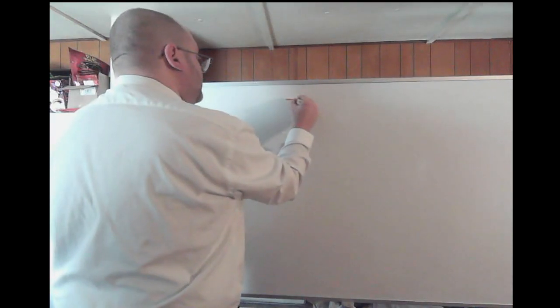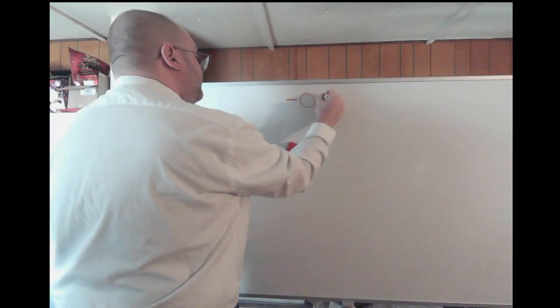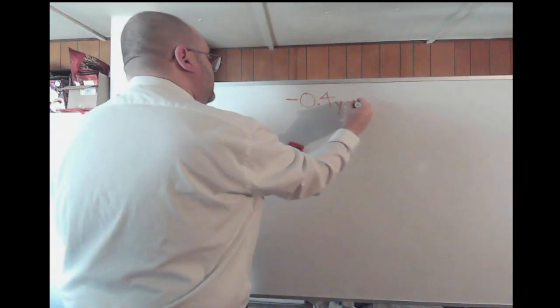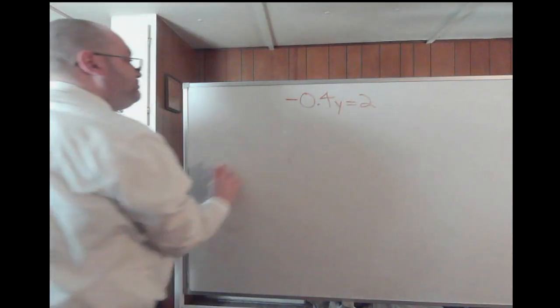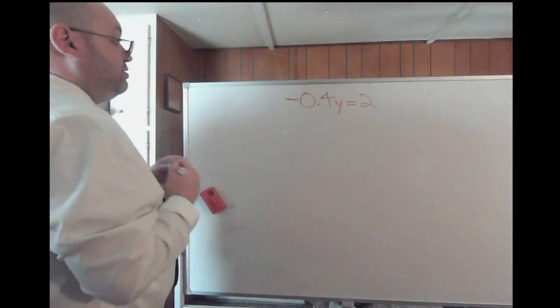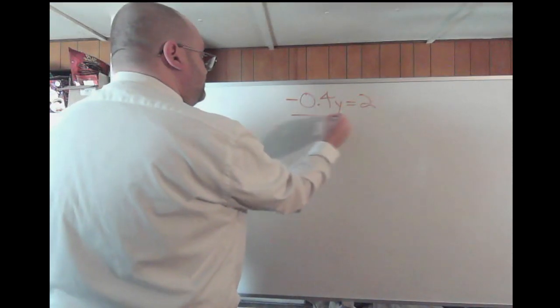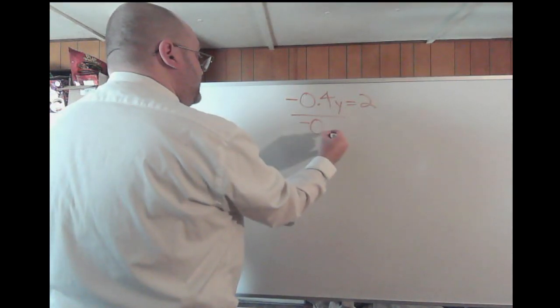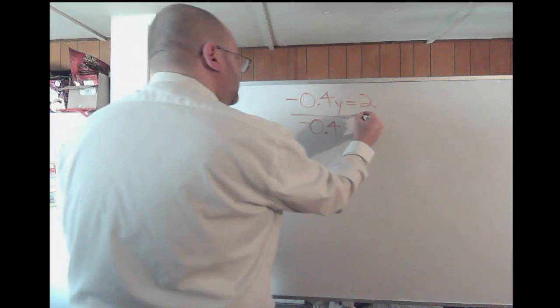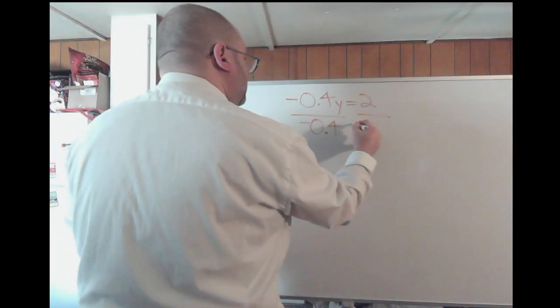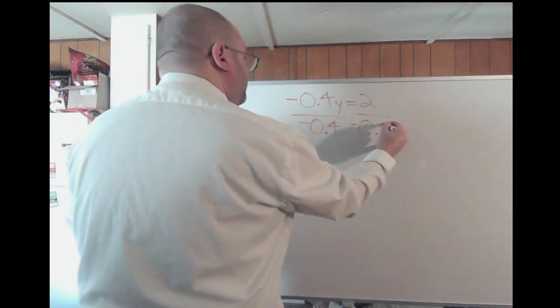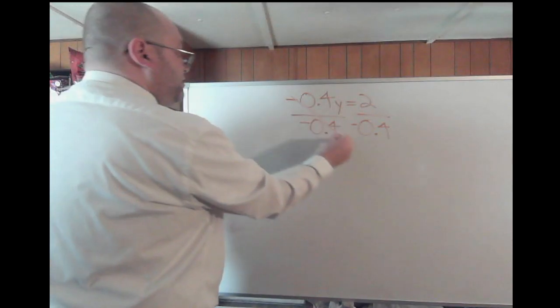Alright, we have negative 0.4y is equal to 2. Okay. Well, we have negative 0.4 times y, which means we got to divide by negative 0.4 to get y by itself. But we got to do it to the right side also. The negative 0.4s would cancel.